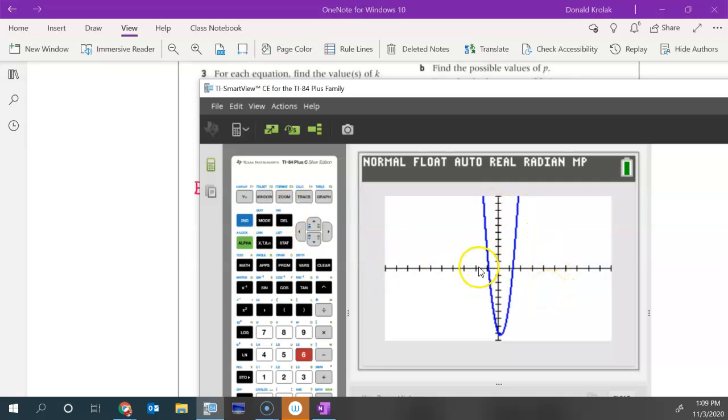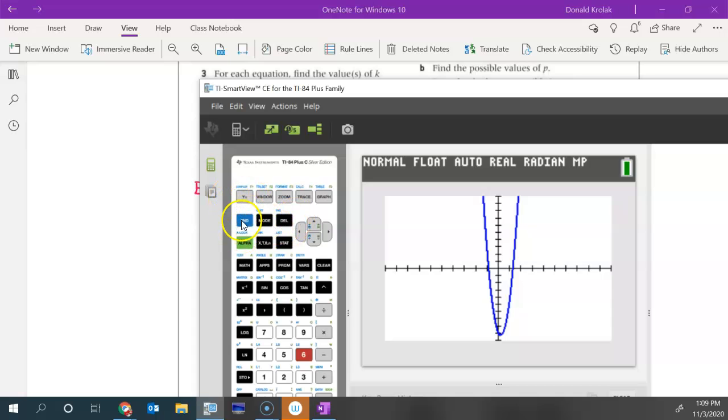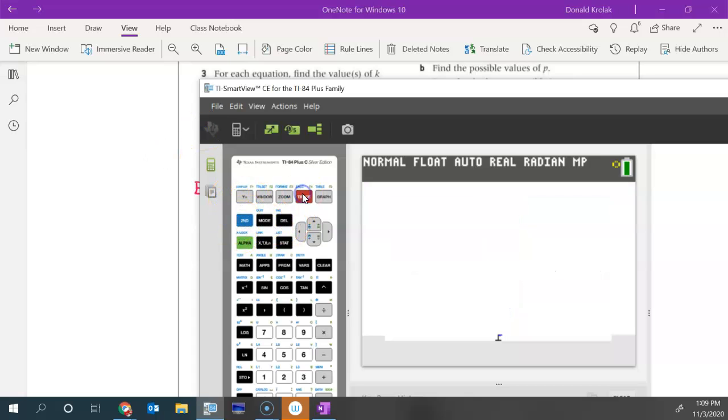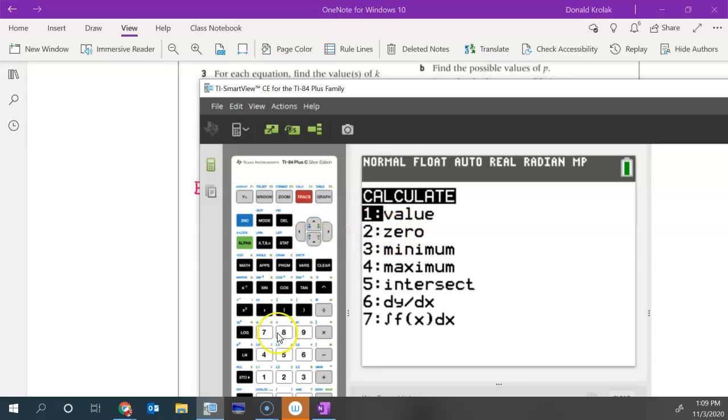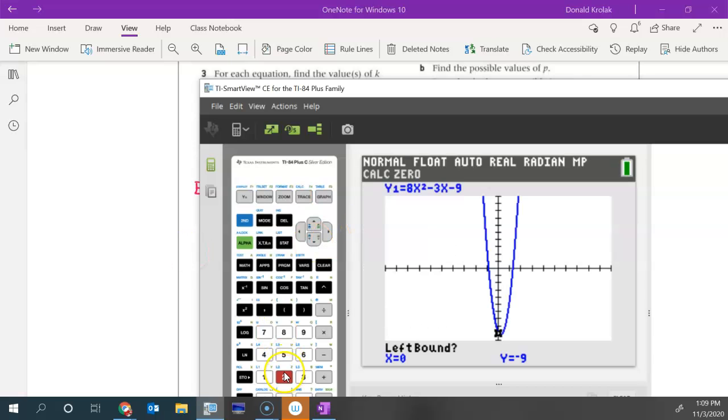Then to find the x-intercepts, you go second calc, and you choose 2, zero. Then you have to go through the whole left bound, right bound. The left bound means before the x-intercept, as you move from left to right, enter.